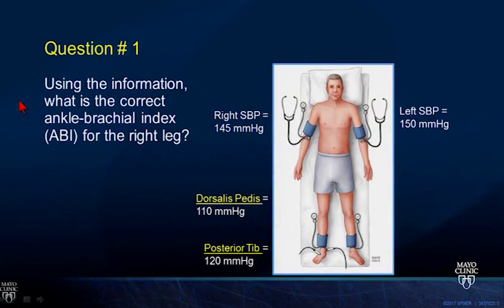Question number 1. Using the information provided, what is the correct ankle brachial index for the right leg? I'll give you choices in a second, but I'll let you jot down the numbers you think are relevant. If you get something greater than 10, you're wrong.